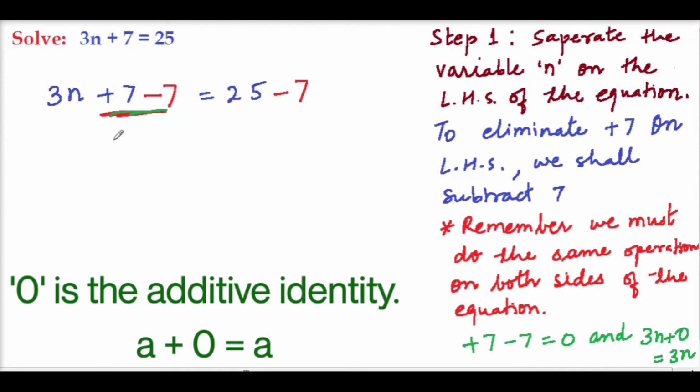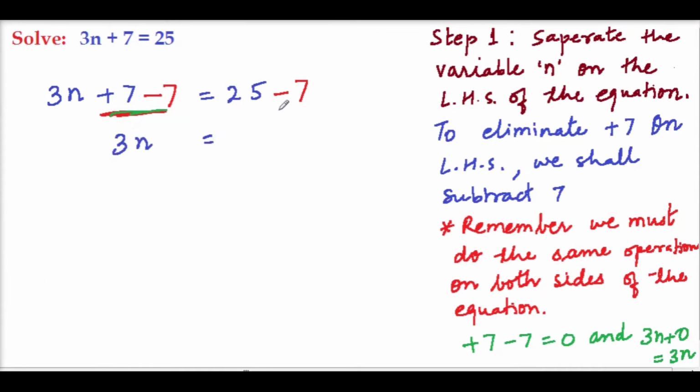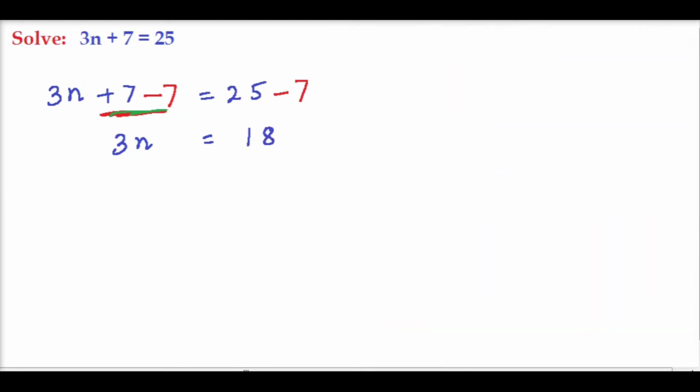In the next step we will get only 3n on the left hand side, and on the right hand side 25 minus 7. 25 minus 7 is 18. So on the right hand side we have 18.